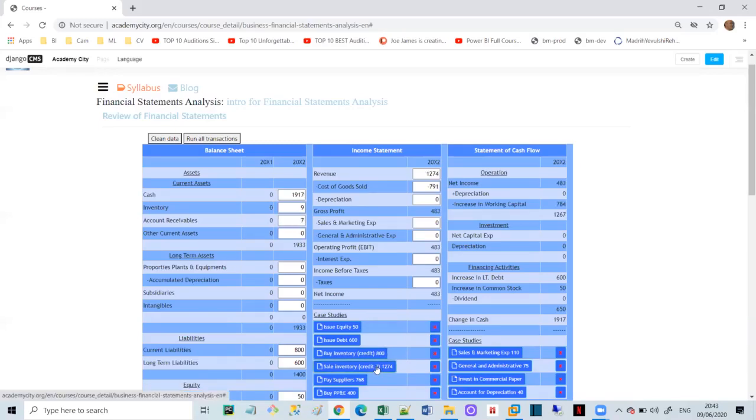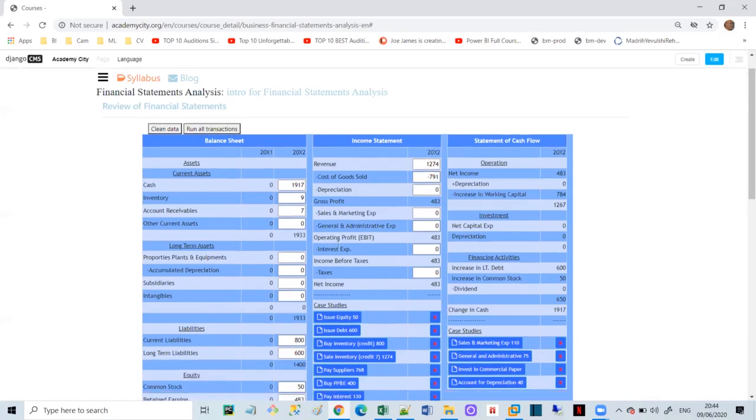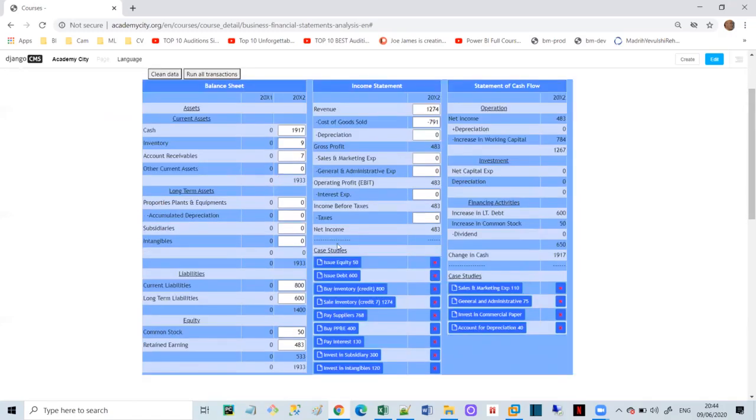In other words, this 1274 represents how much the assets went up by, and this one represents by how much the assets went down. If I see there is a difference, that means I made a profit. This profit belongs to the equity owners. The equity owners really own that profit.